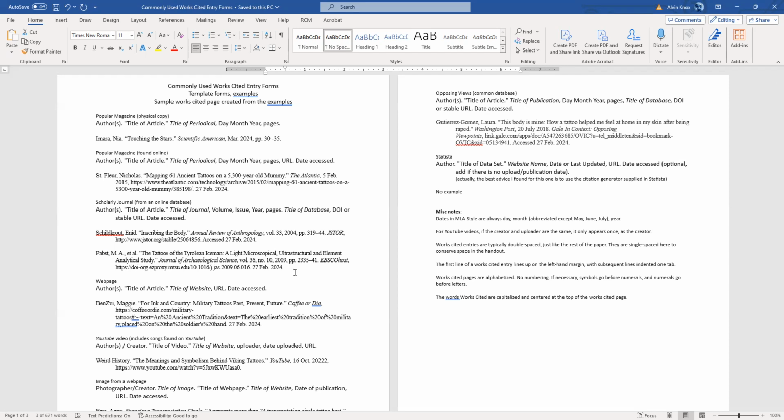Then I checked, and everything in the first one was good, but in the second one, it failed to italicize the name of the journal. I do not know why.